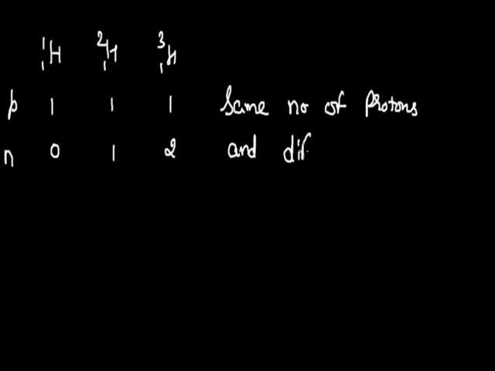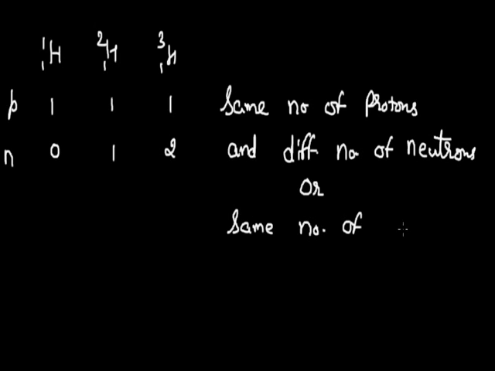So we can also define isotopes as the atoms with the same number of protons and different numbers of neutrons. Now, since these isotopes have the same number of protons, and the number of protons in an atom is equal to the number of electrons, we can say that these isotopes will have the same number of electrons also.